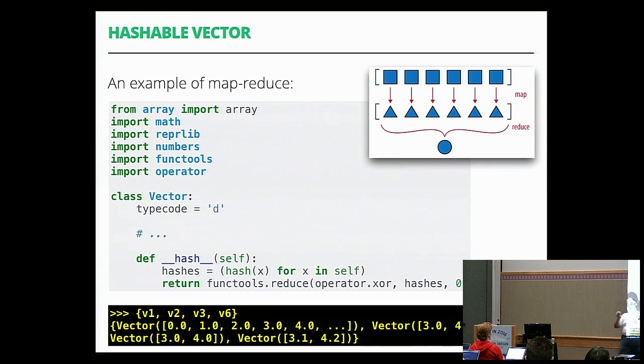Then the result of this xor is held in memory, and it takes the next hash and xors with that result, and so on and so forth. So it consumes all the hashes by applying this xor operation, and what you get is a single number at the end. Because it's a reducing operation, that's what it does.